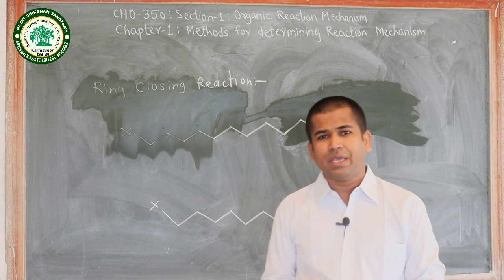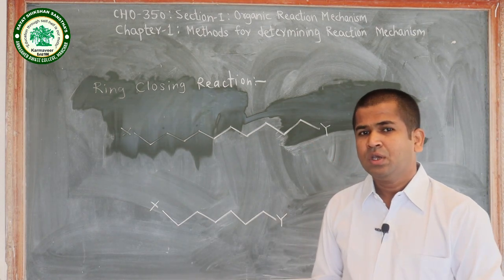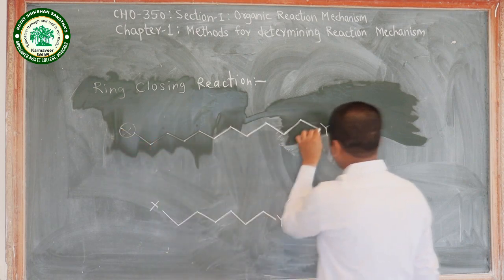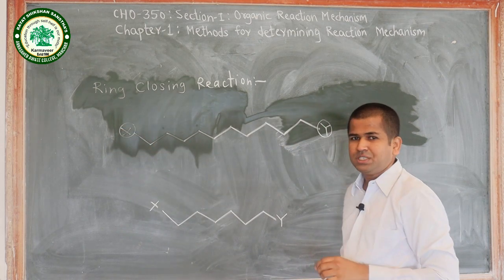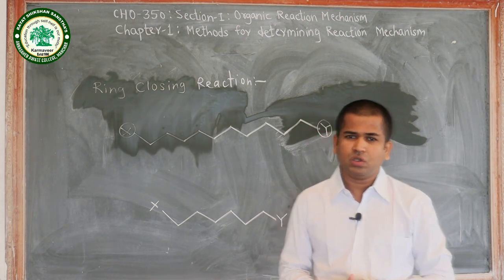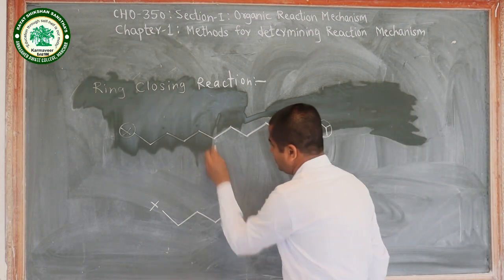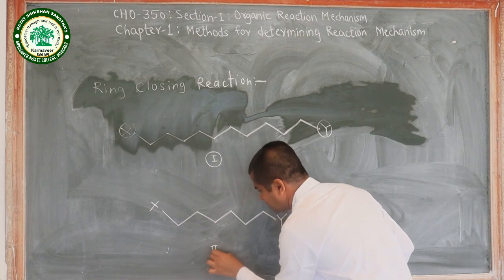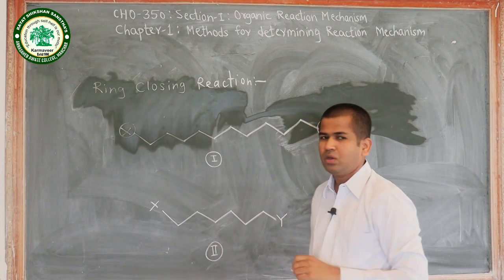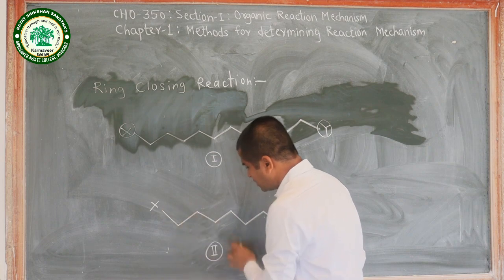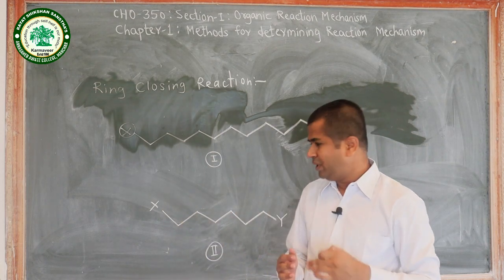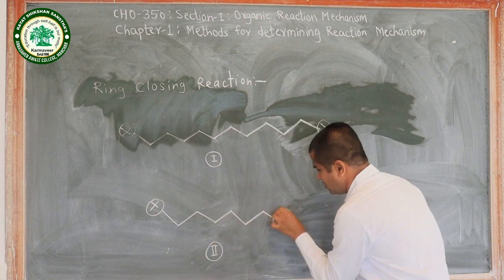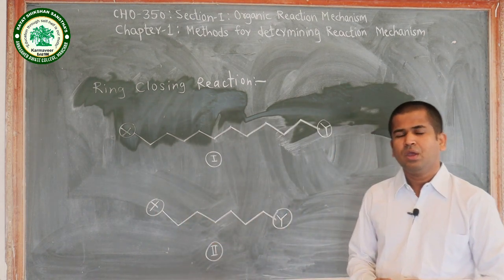For a ring closing reaction to occur, the two ends, that is the X end and the Y end of the chain, must come close to each other. Getting this? We number these as substrate 1 and substrate 2. Here also for substrate 2, when the ring closing reaction occurs, these two ends must come close to each other.